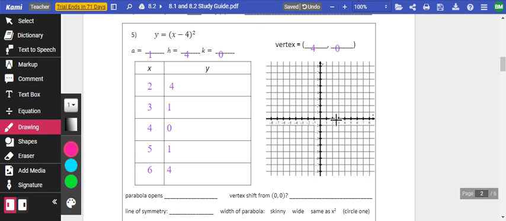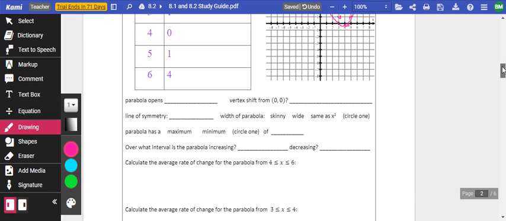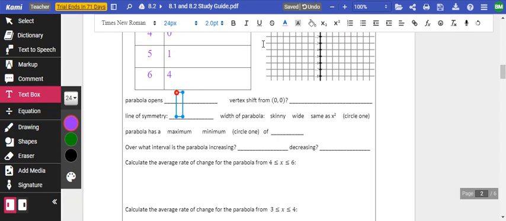So we've got (2, 4), (3, 1), (4, 0), (5, 1), (6, 4), and we get this nice U shape here. So my parabola is still going up.